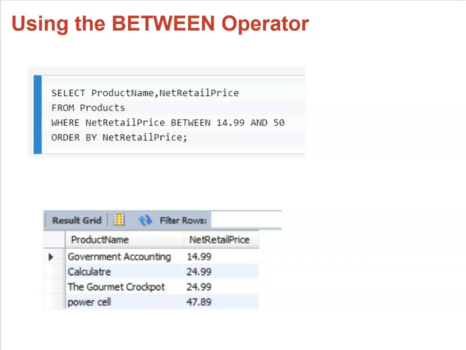So in that case, you're going to use between $14.99 and $50, and then you can see that we only have those products printed out where the price is within this range. We have also included the order by clause, which by default uses ascending order to print the column and the net retail price column in ascending order.